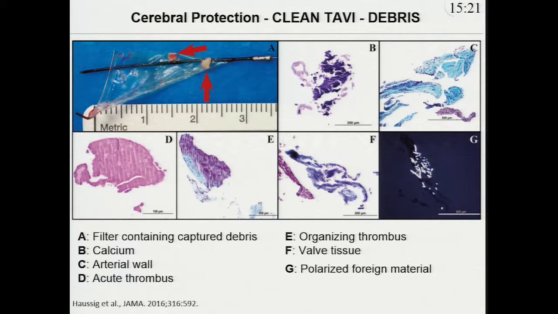Now, what sort of material are we dealing with? These are the various materials which have been collected during the CLEAN-TAVR study, which has been conducted in Leipzig. And you can see that there is calcium, there are pieces of the arterial wall, there is acute thrombus, organized thrombus, valve tissue which has been ripped off from the native valve, and polarized foreign material.